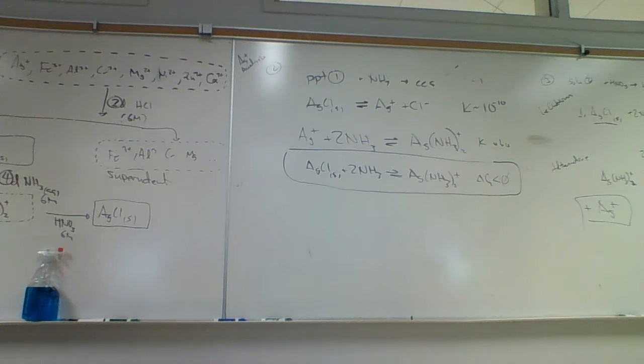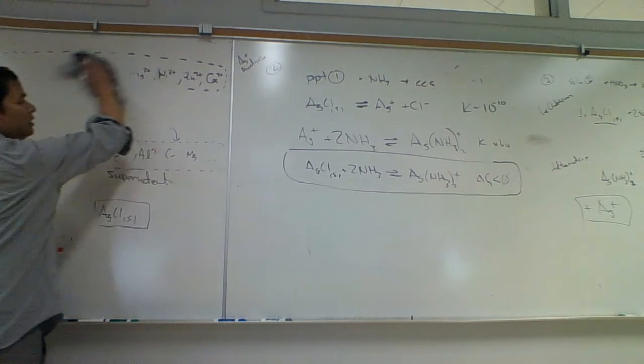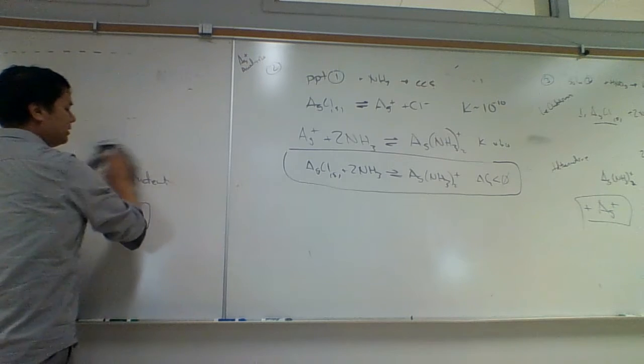All right, what's the next ion that we're going to analyze for? Iron, aluminum, and chromium. Okay. Now, keeping this together, these no reactions are really critical as far as understanding the separations.